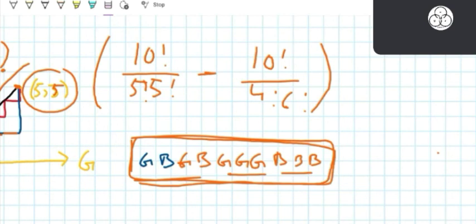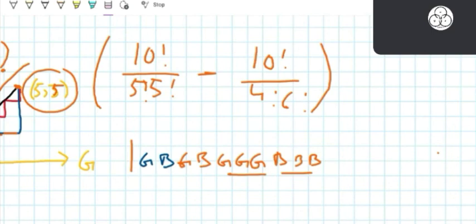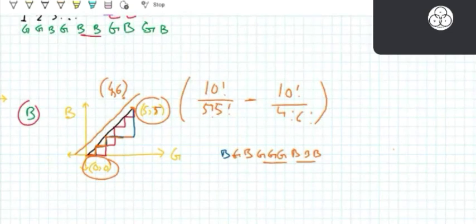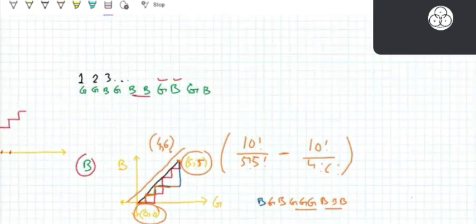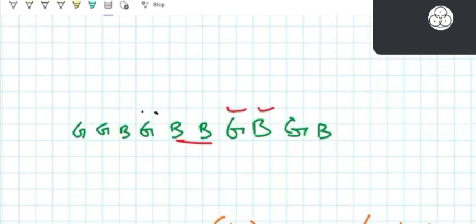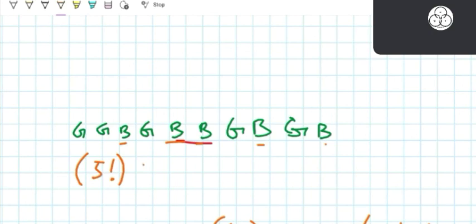For any particular arrangement, the boys and girls can arrange among themselves, because there are 5 girls, they can arrange in 5 factorial, and there are 5 boys, they can arrange in 5 factorial ways. That's 120 squared.